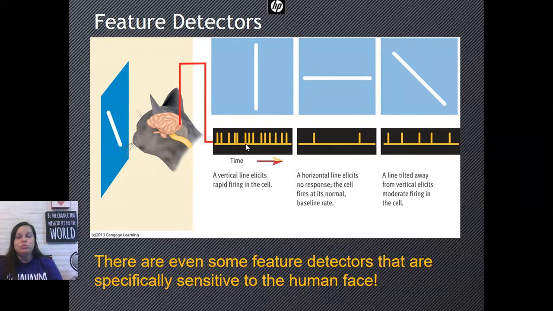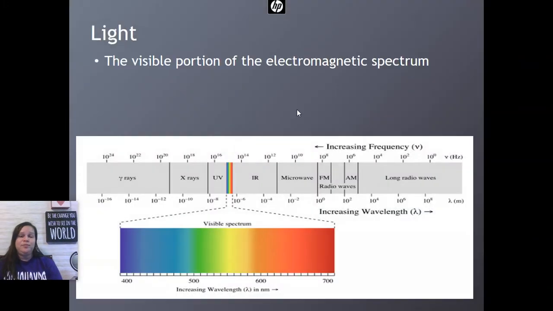They even have some for movement, and some are specifically designed to pick up on human faces. If you recall the crash course video, I think it was prosopagnosia, that Oliver Sacks could not recognize anybody's faces, because his feature detectors either he never had them or they were damaged. So a pretty interesting part of the brain.